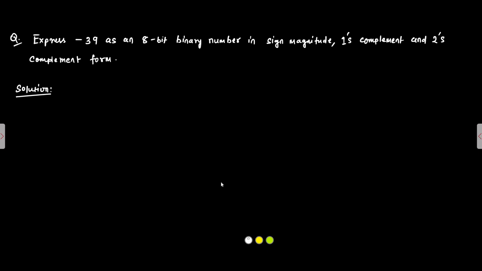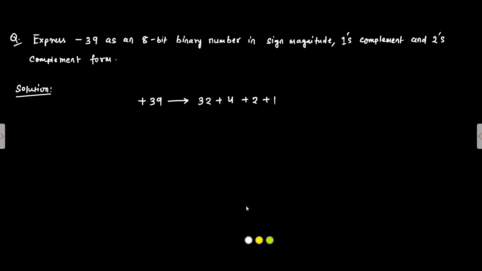First we have to express 39, splitting it into different parts with powers of 2. We can write it as 32 plus 4, 36, plus 2, 38, plus 1, 39.